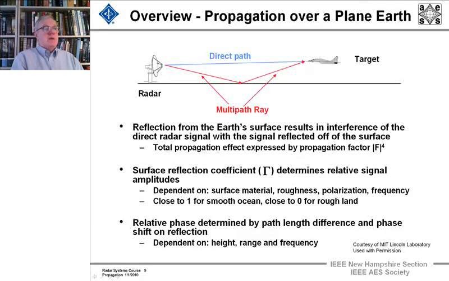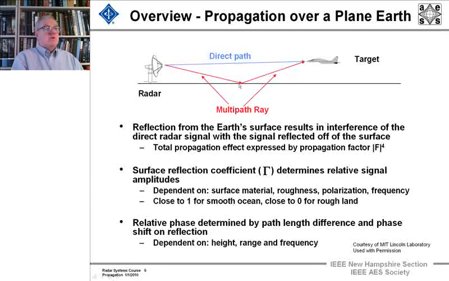And the total propagation effect is expressed by a propagation factor, that F to the 4th power. The surface reflection here at the surface determines the relative signal amplitudes, this gamma. And it's going to depend on how smooth the surface is, whether it's rough, and the polarization and the frequency.